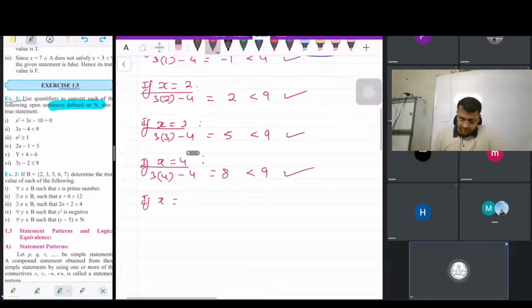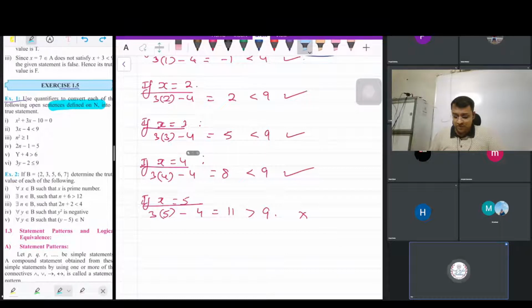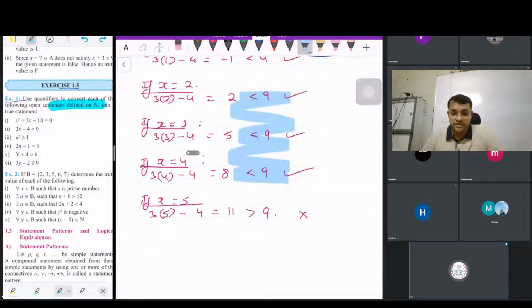If x is equal to 5, that is 3 into 5, 15 minus 4, that is actually 11 guys, and that is greater than 9. So this is not satisfying. But no worries, I am not worried about the last value. I am happy that there are some values I can see over here which are satisfying this particular condition. Because these values are satisfying the condition, the answer has to be true.